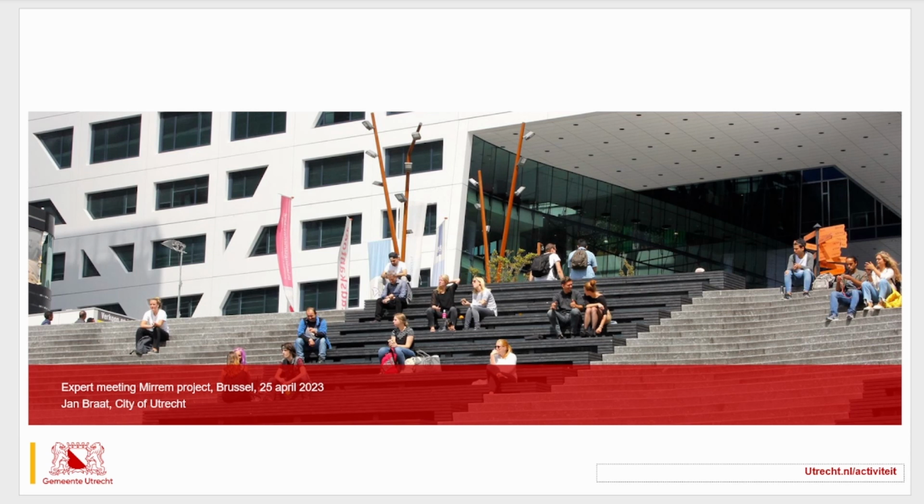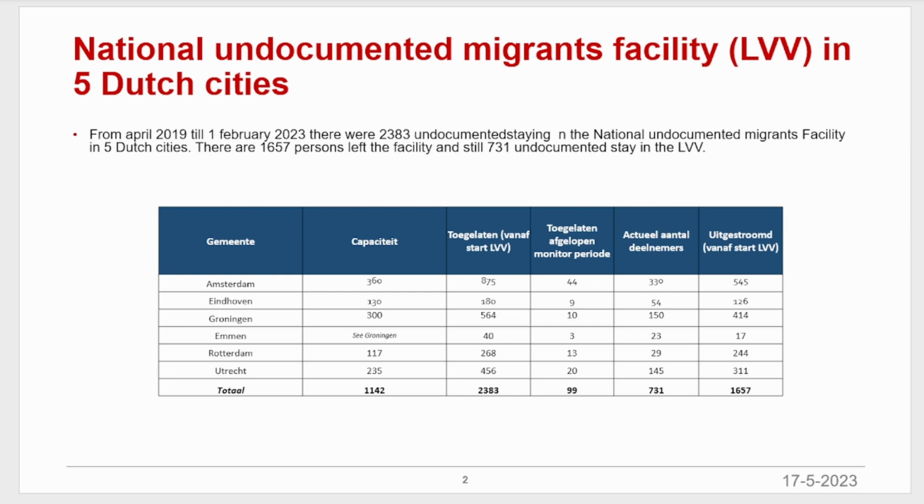First, I explain this. This is the National Undocumented Migrant Facility, LVV in Dutch. It's a pilot program, but it will be a structural program, running since 2019. It's an agreement between national government, local government, and NGOs, and we give shelter and all kinds of guidance, legal or other guidance, to undocumented migrants.